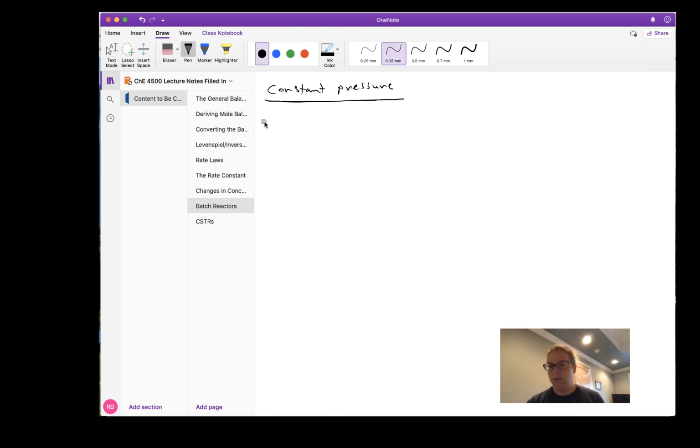So we can write this out. For example, the volume initially at time equals 0 is going to equal the total number of moles initially times R times the temperature initially divided by the pressure initially. And then at time t, the volume is going to be equal to the total number of moles at time t, times R times the temperature at time t, divided by the pressure at time t.